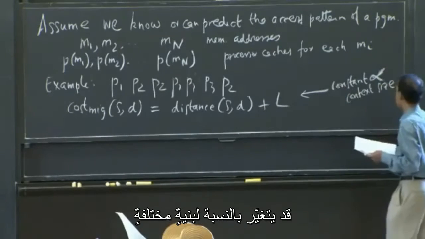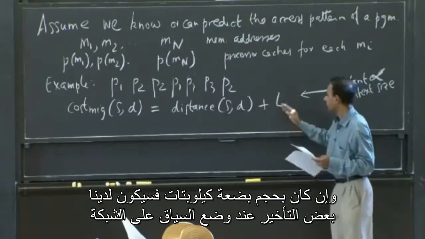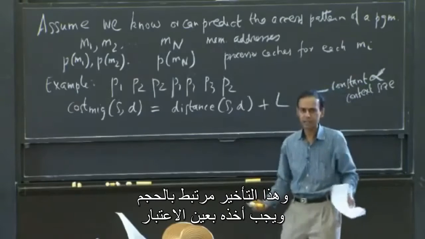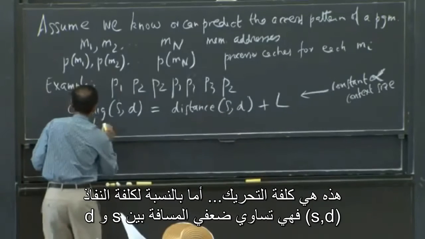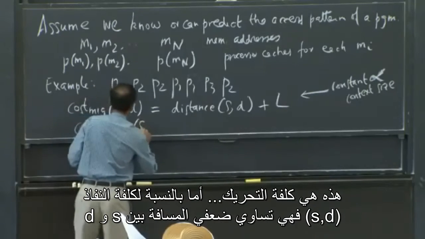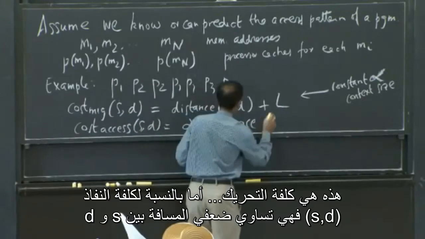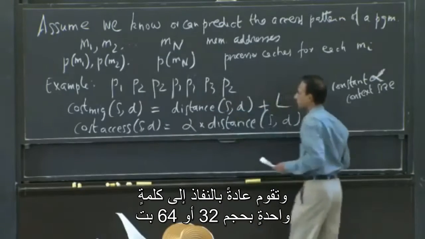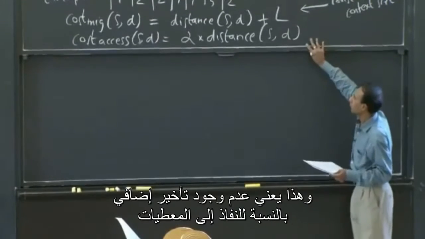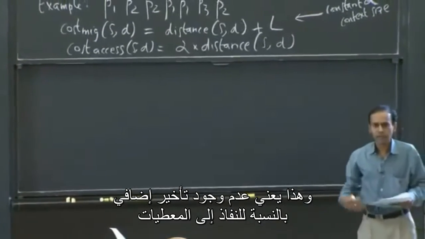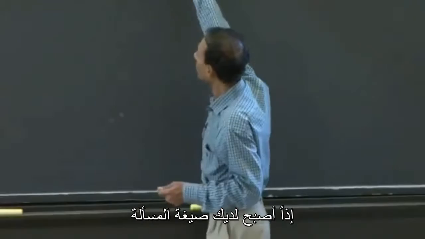It may change for different architectures, but if it's a few kilobits, then there's going to be some overhead associated with putting the context onto the network, and it's a sizable overhead that needs to be taken into account. That's the cost of migration. The cost of an access, S comma D, is twice the distance between S and D. And it's typically just a word that you want to access, 32 bits, 64 bits, and so there's no additional overhead associated with data access.